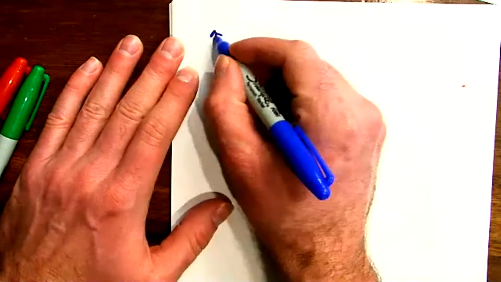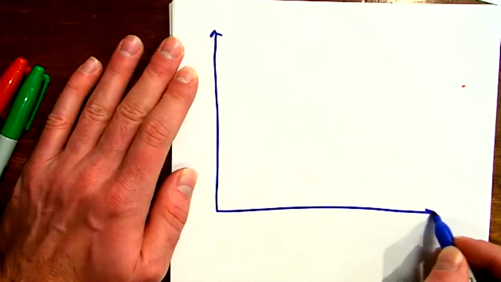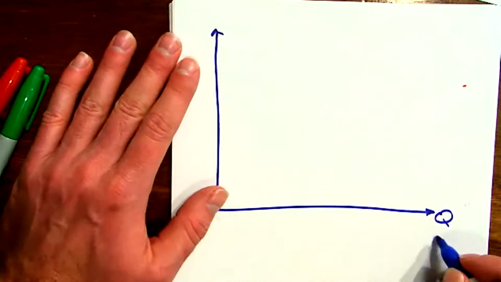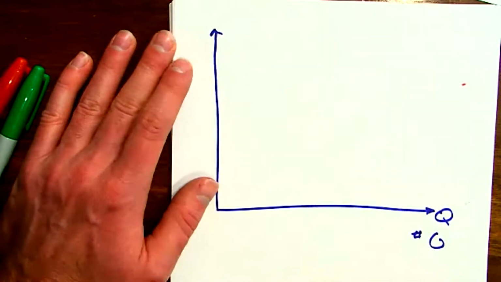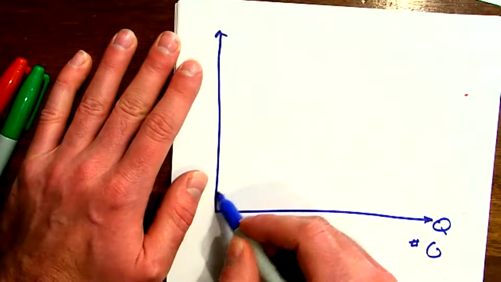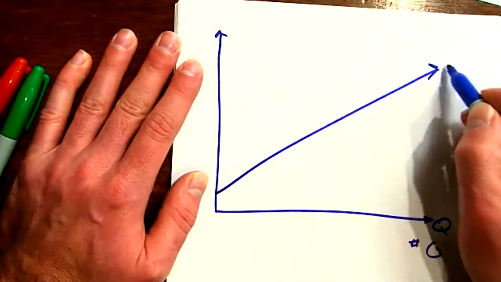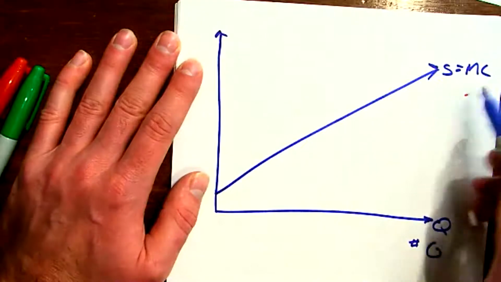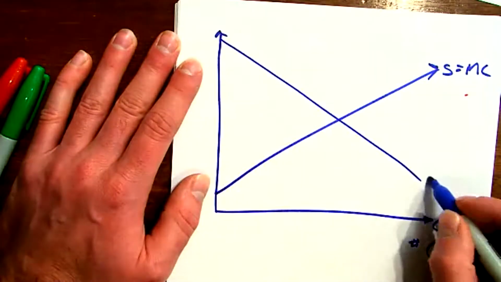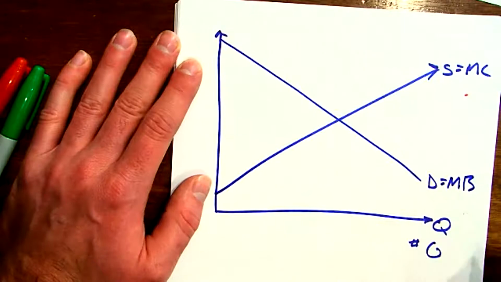Okay. So if we have positive and negative externalities existing simultaneously, I personally think it's easier to draw them out both individually and then think about what the total effects will be. So if I want to think about here's my quantity or my number of games that were being played, and there was some marginal cost to providing those games or the supply curve, and there was also our demand curve or the private marginal benefits.